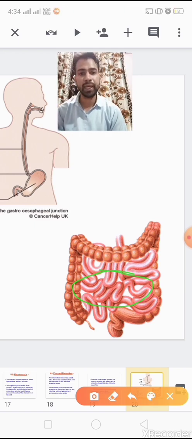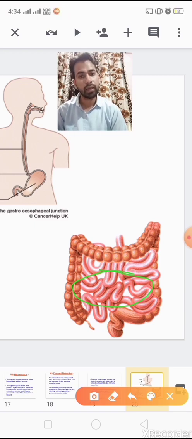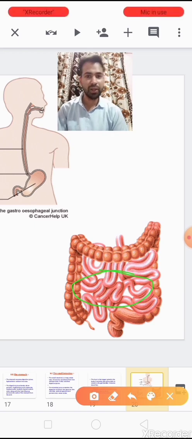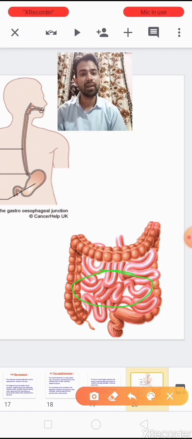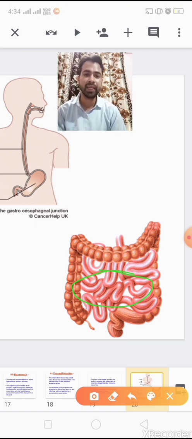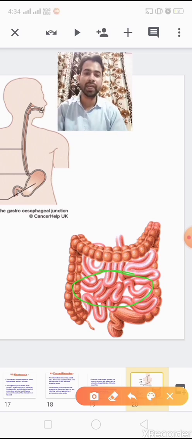In the small intestine, 90% of digestion will be completed. Clear? Children, do you know why the small intestine is called small? The length of the small intestine is 3 to 5 meters and the length of the large intestine is 1.5 meters.